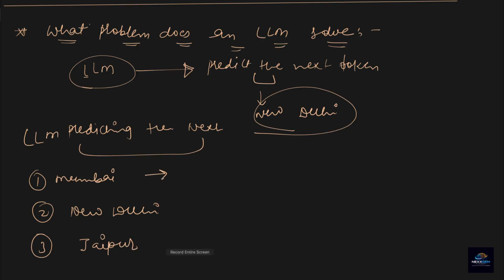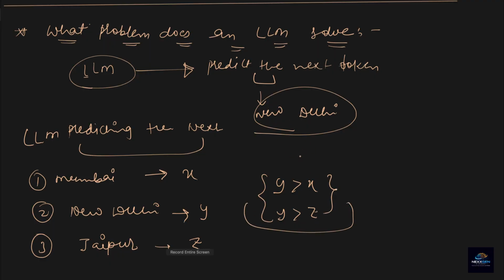The output probability of Mumbai may be X, the probability of New Delhi is Y, and Jaipur is Z. Here ChatGPT gave New Delhi because Y was greater than X and Y was greater than Z. That probability comes from the learnings of an LLM.